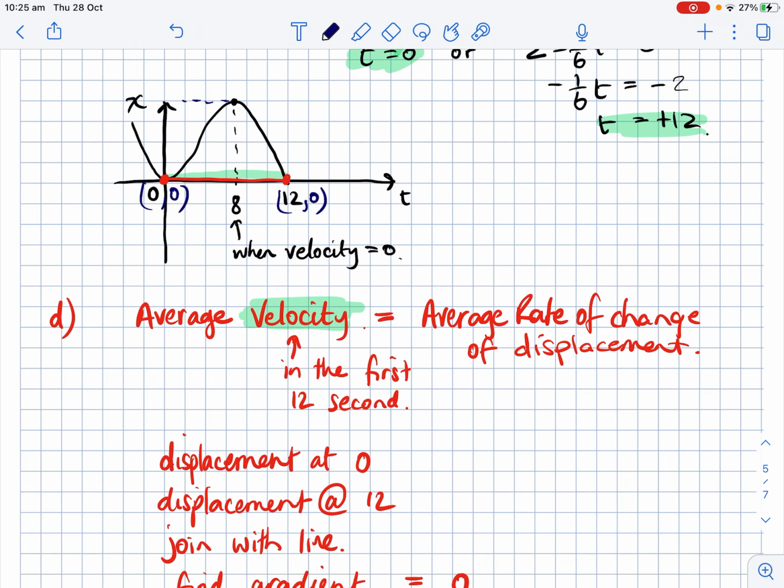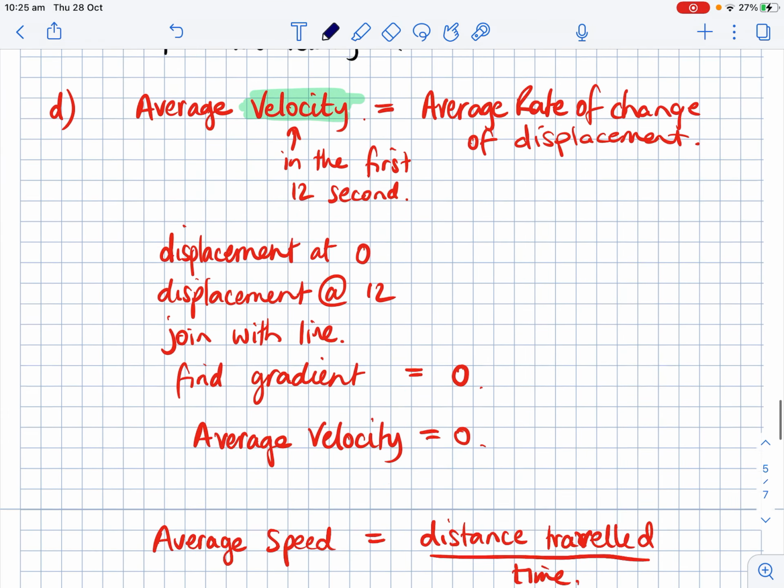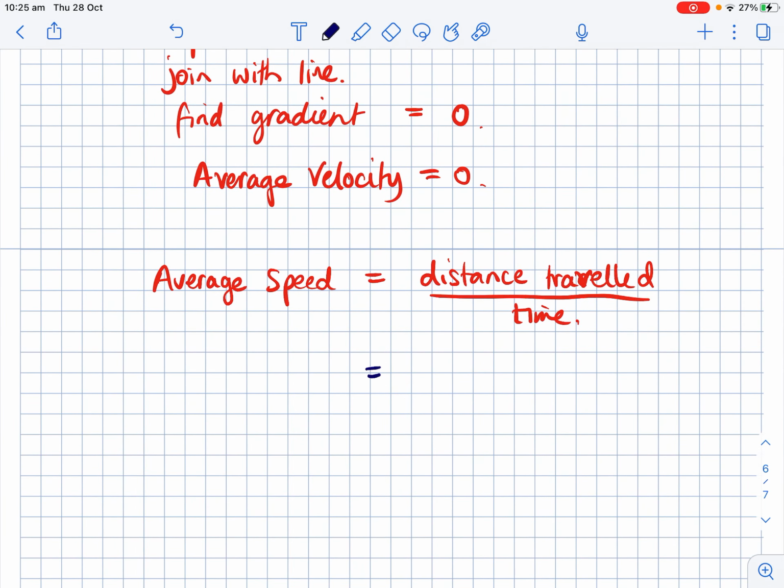Now this object has gone up to a maximum of 42 2/3 metres. So the distance that it has travelled in the positive direction is 42 2/3 metres, and the distance that it's travelled in the negative direction is another 42 2/3 metres. So the total distance that the object has travelled is 42 2/3 times 2, and it's done that over a time of 12 seconds.